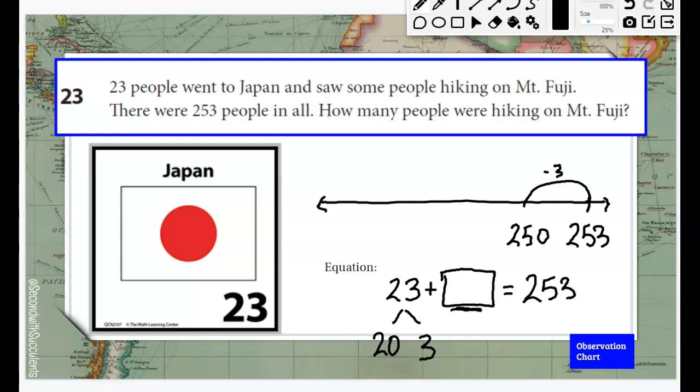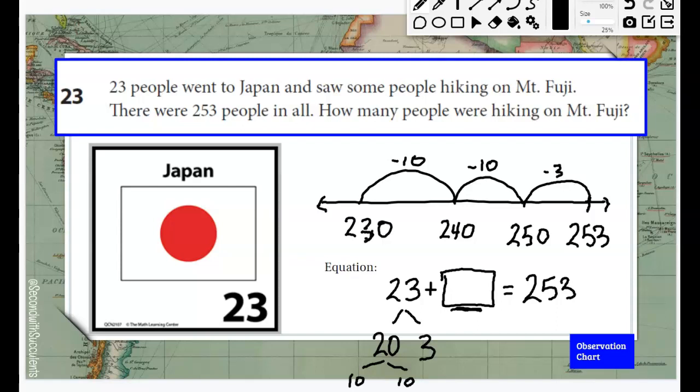Now, I'm going to make it a little easier by breaking my 20 into my 2 10s for my next jumps. Now, I know 250 minus 10 is 240. I know minus another 10 is 230.